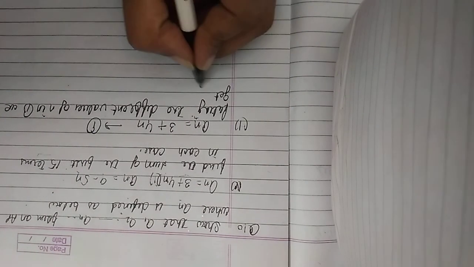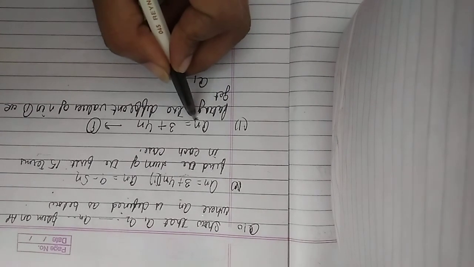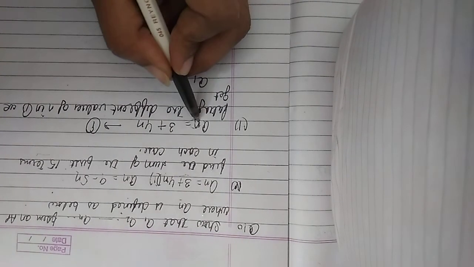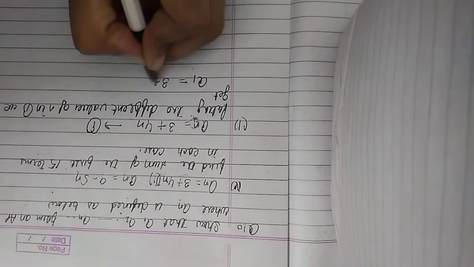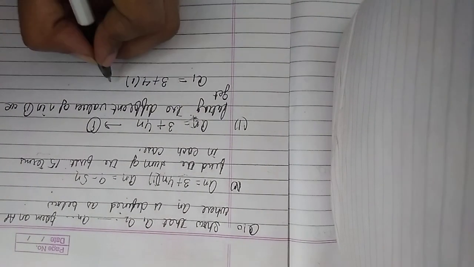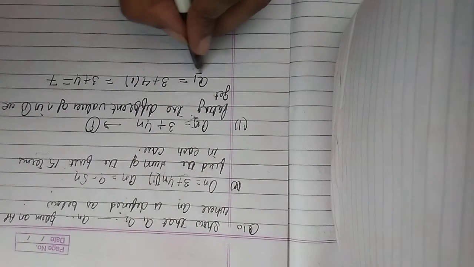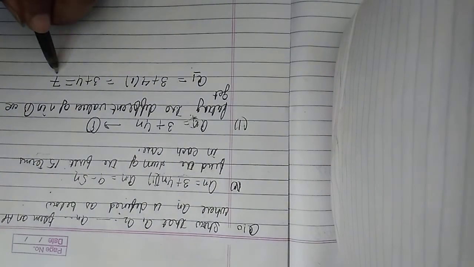Firstly, n is 1. Substituting 1 in place of n, 3 plus 4, that is 7. Means the first term of this series is 7.